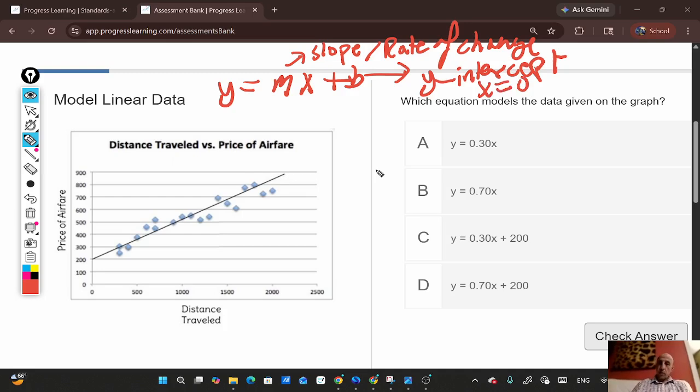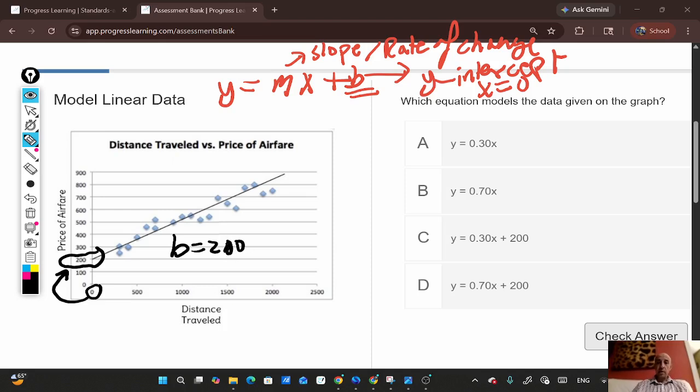So if we start with the b or the y-intercept, we can see that the y-intercept is 200 when x is equal to 0. So when x equals 0, the y value is 200, so the y-intercept or b is equal to 200.